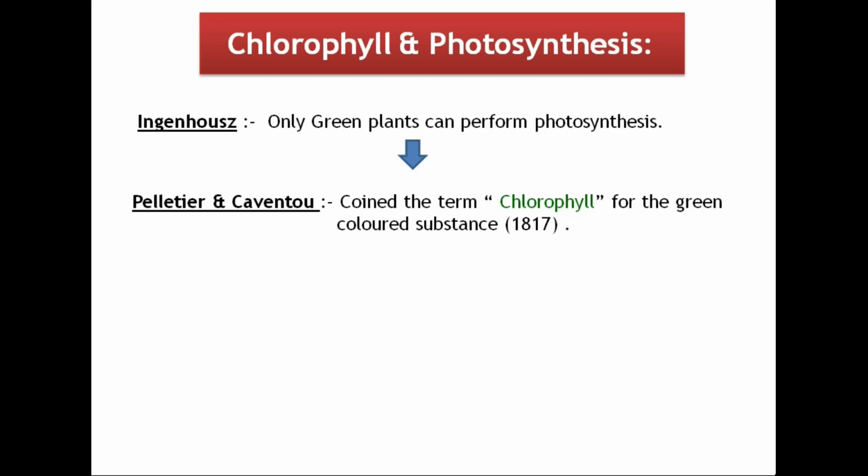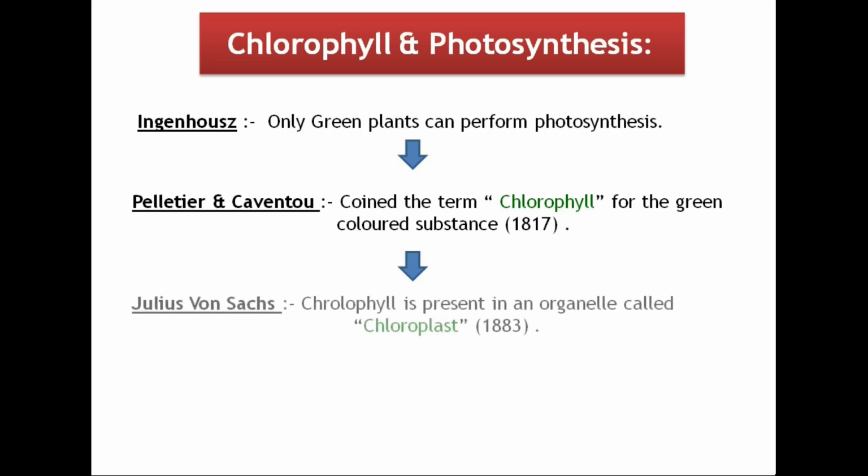The exact location of the part containing chlorophyll was not known till another 6 decades after Pelletier and Caventou discovered chlorophyll. It was believed to be spread in the cells of green plant parts. In the year 1883, a scientist, Julius von Sachs, observed that chlorophyll in plant cells is not spread throughout the entire cell.